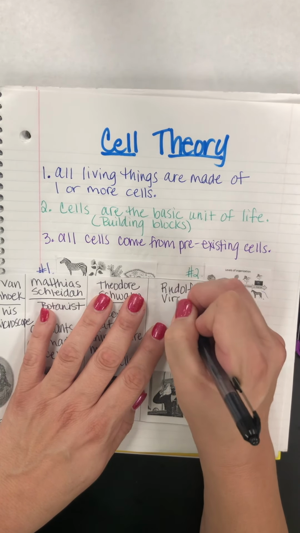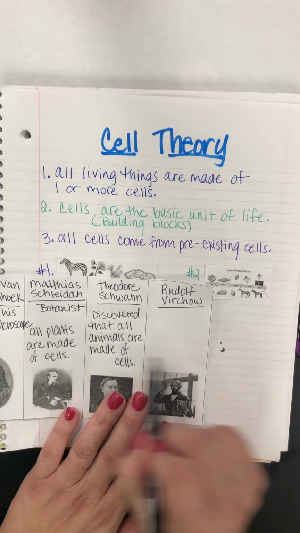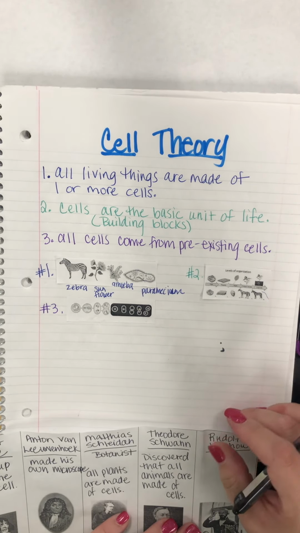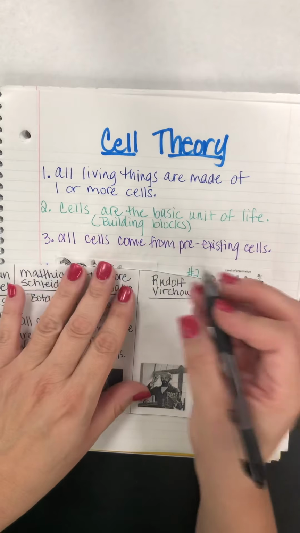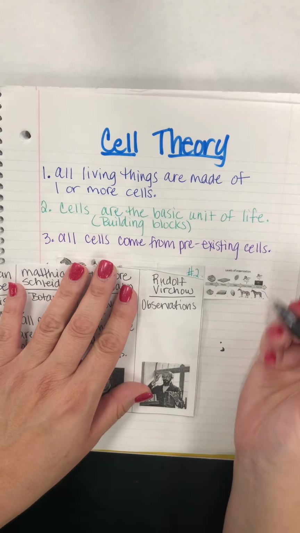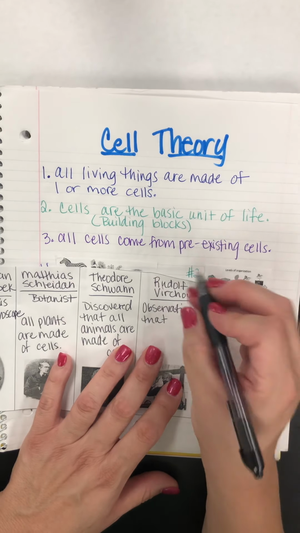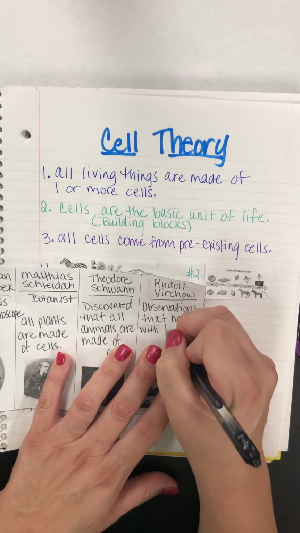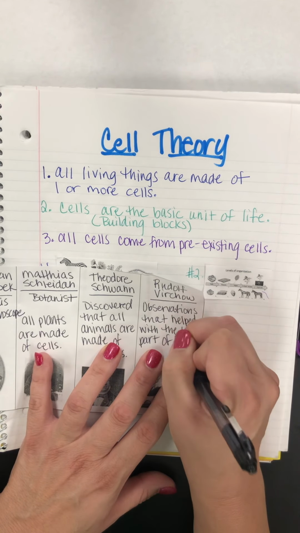Okay, Rudolf Virchow. Again, you are copying along with me at the same time. If you don't have this foldable, you could be writing this information down at the bottom of your ISN page for cell theory. Okay, Rudolf Virchow, as a scientist, he made observations that helped with the last part of the cell theory.